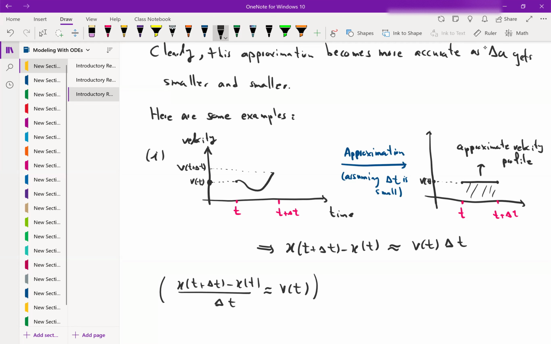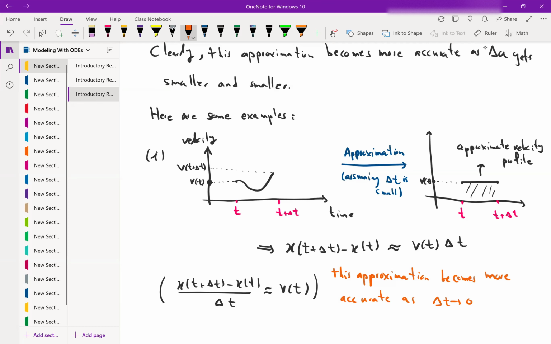That is the definition of v of t, the derivative of the position with respect to time as delta t goes to 0. So again, this approximation becomes more accurate as delta t goes to 0.